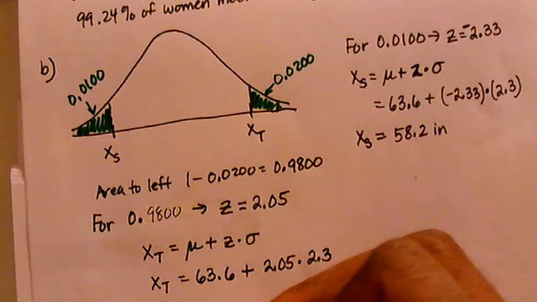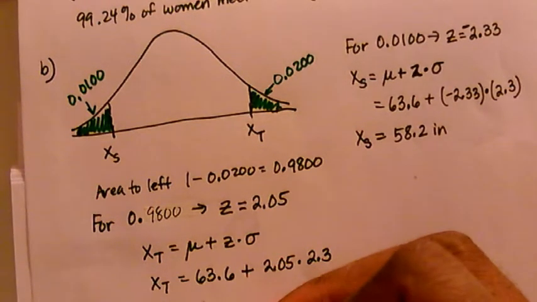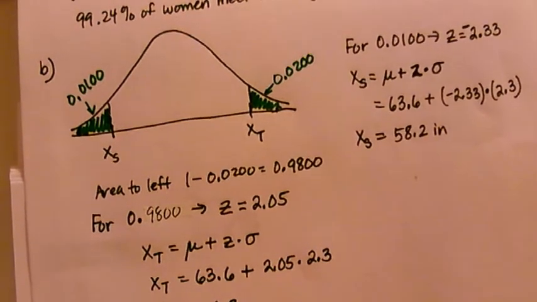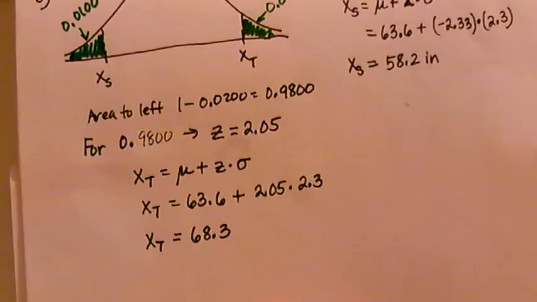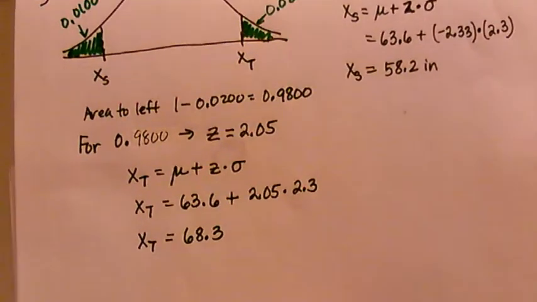If you punch all that into the calculator, you'll get 68.3. So the tallest height will be 68.3.